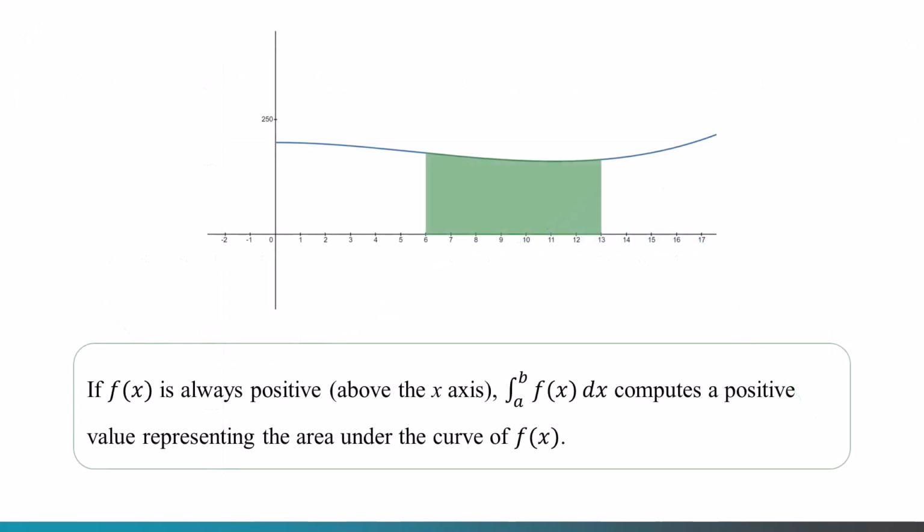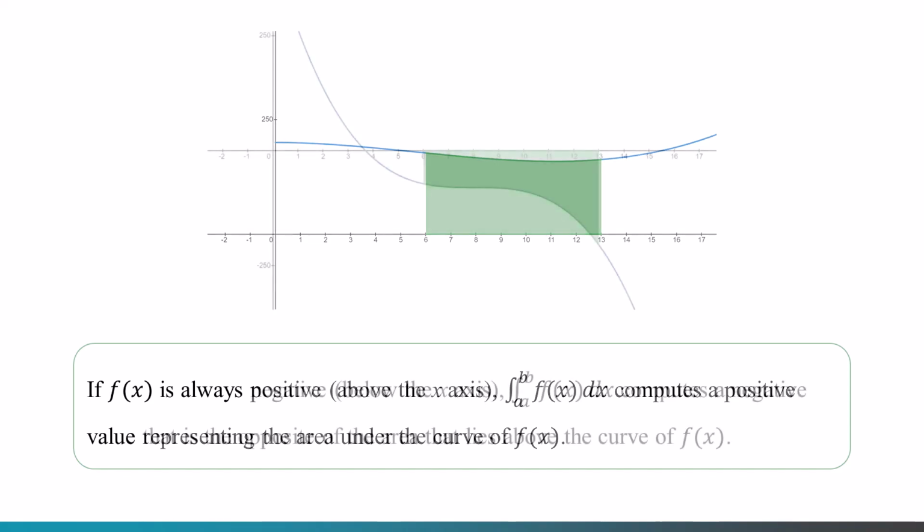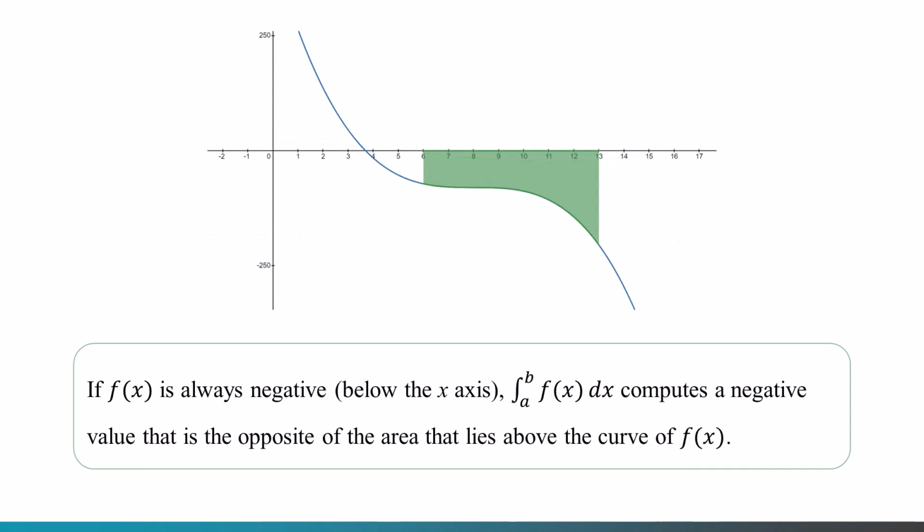If the function is always positive, that is, above the x-axis, the integral computes a positive value that represents the area under the curve. If the function is always negative, that is, below the x-axis, the integral computes a negative value. This negative number is the opposite of the area that lies above the curve.